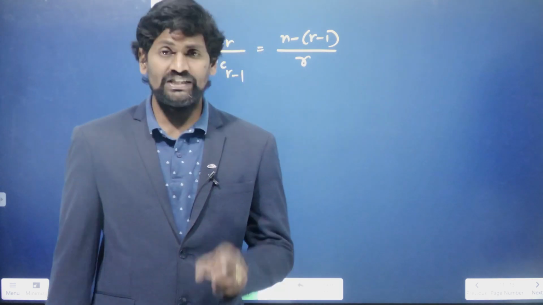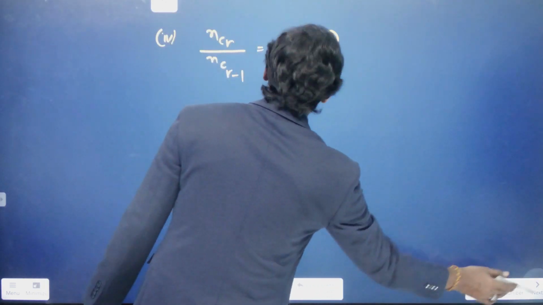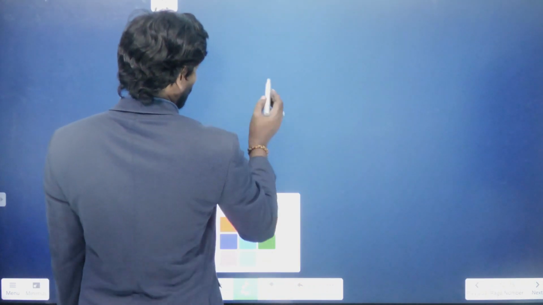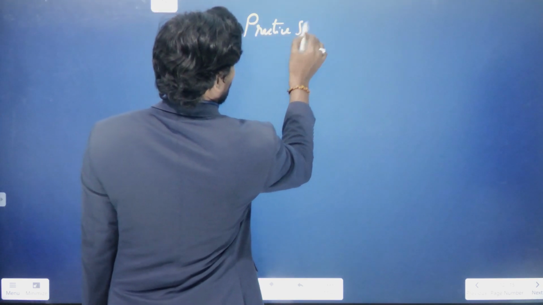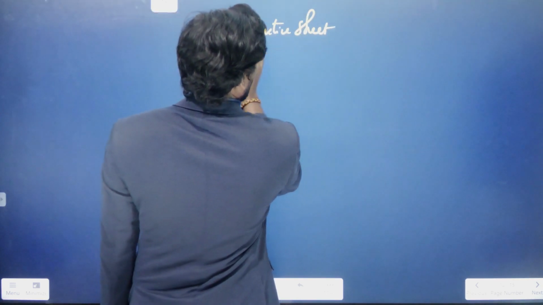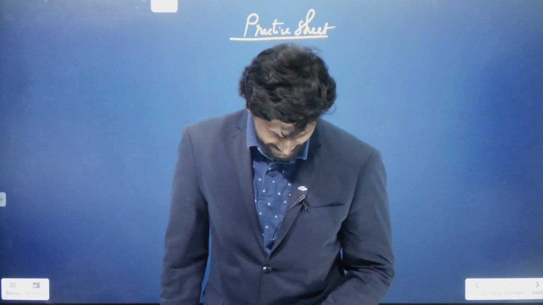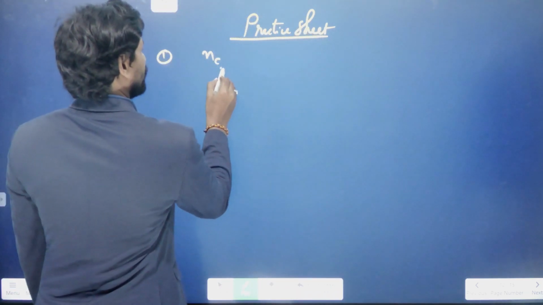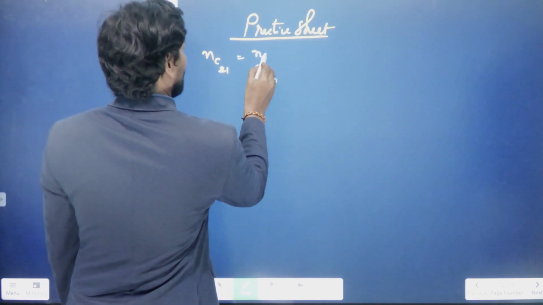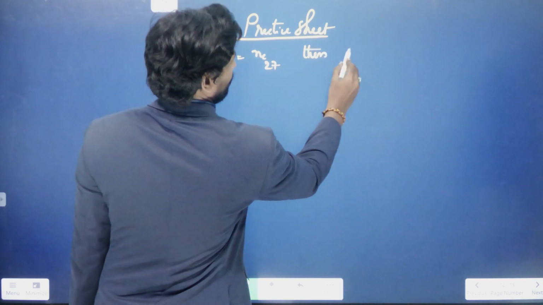Okay, so first, practice sheet problems. The first one: if nC21 equals nC27, then find n value.